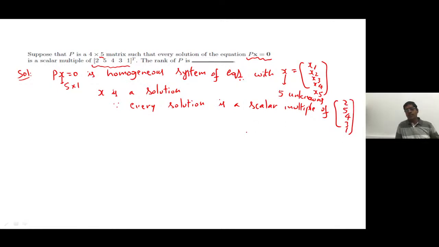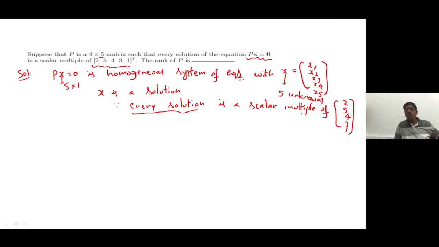That means all these infinite solutions of the homogeneous system. See, we know that a homogeneous system Ax equal to 0 has either only the 0 solution or infinitely many non-zero solutions. But here it is a relation, every solution is a scalar multiple of this column vector.